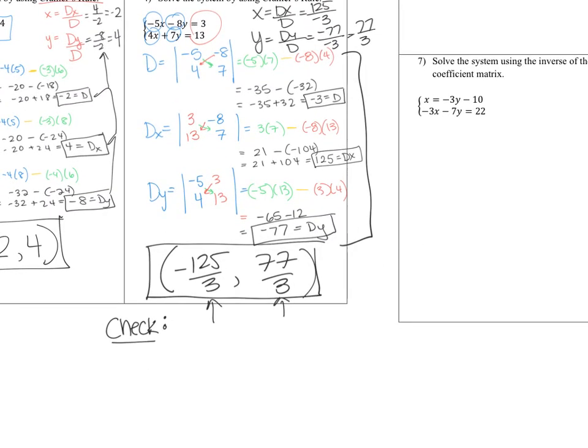So the first equation is going to be negative 5, plugging in the negative 125 over 3. And we have that minus 8 times the 77 over 3. This is supposed to equal 3, we hope. So the first part, let's see.